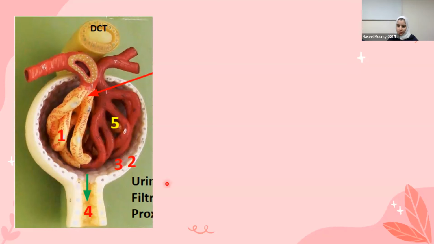Fenestrated endothelium, we'll go through that. Actually, fenestrated endothelium is this one. And then, as you're saying, the basement membrane and then the podocytes. Good job. So number 1 is showing you the podocytes, the ones that are towards Bowman's space. So you have the podocytes, then the basement membrane, then the fenestrated endothelium, which is number 5.